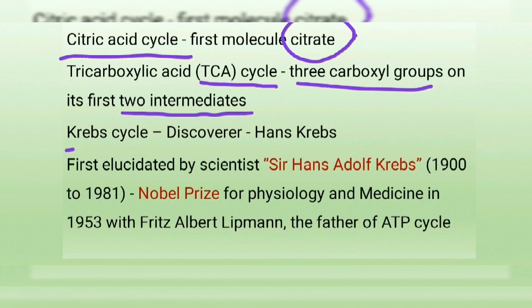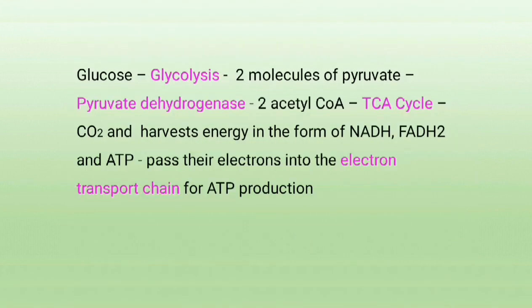And we have another interesting name, Krebs cycle, which is named after the discoverer Hans Krebs, who elucidated the pathway and won the Nobel Prize for the same in 1953 with Lippmann, who is the father of the ATP cycle.